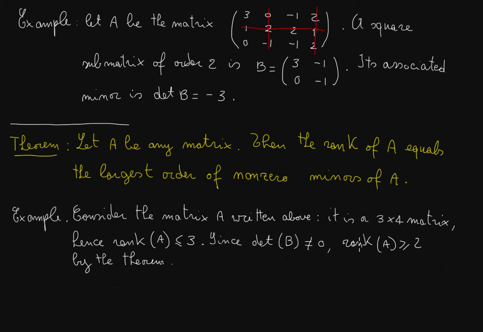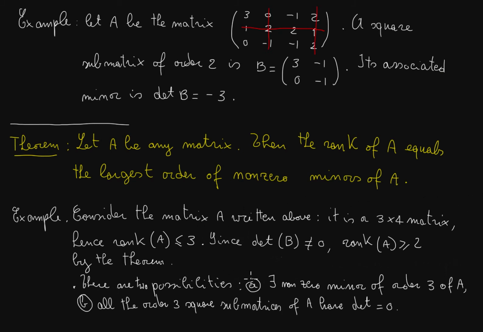Therefore, by the theorem, the rank of A is greater or equal than 2. Since we are able to present a minor of order 2 that is non-zero, namely the determinant of B, certainly the rank will be greater or equal than 2.